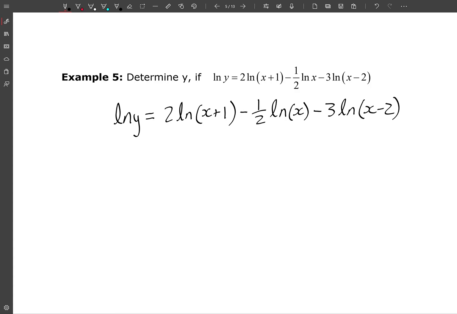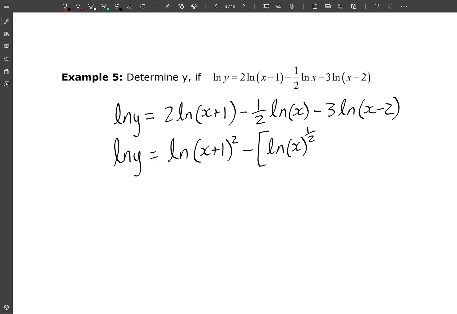All right, here we go. So as usual, I've started by just rewriting everything out. Then what I'm going to have is that this is the natural log of x plus 1 squared. So this is like that earlier example, but I'm doing it backwards. So now I'm going to say, hey, I can factor out that negative there and make this ln of x to the 1/2, right? We know from our exponent laws there, plus ln of x minus 2, that's a 3, to the power of 3.